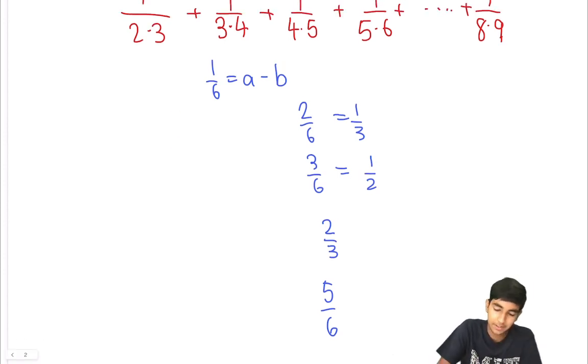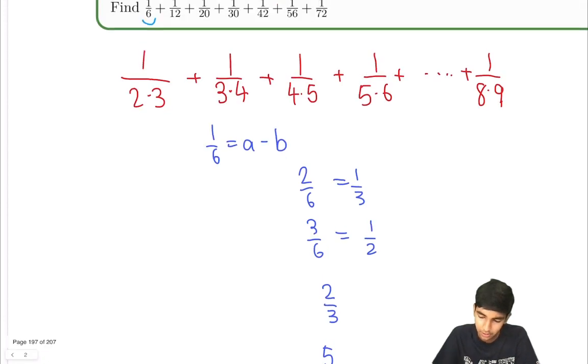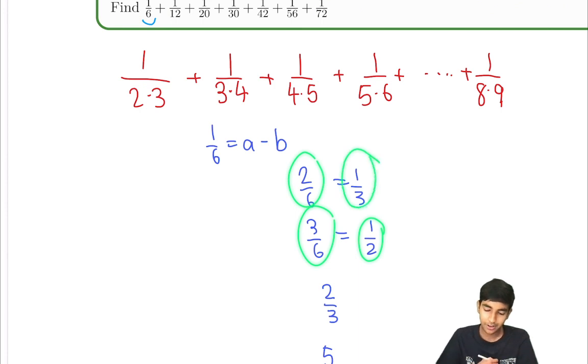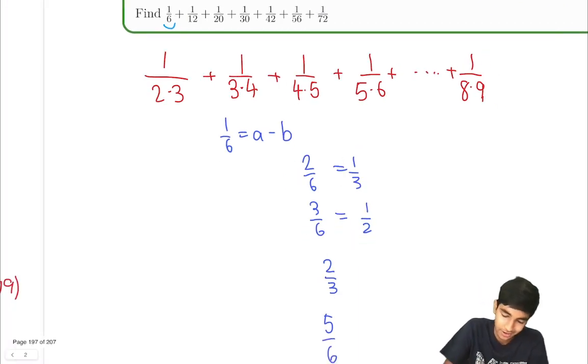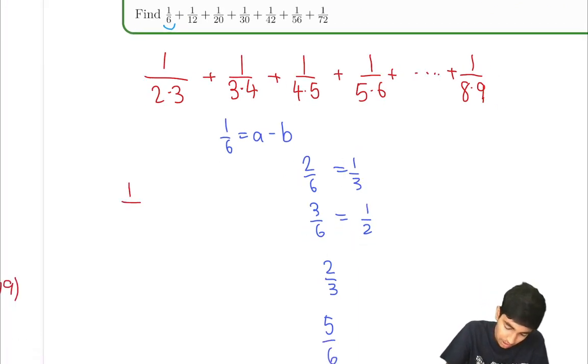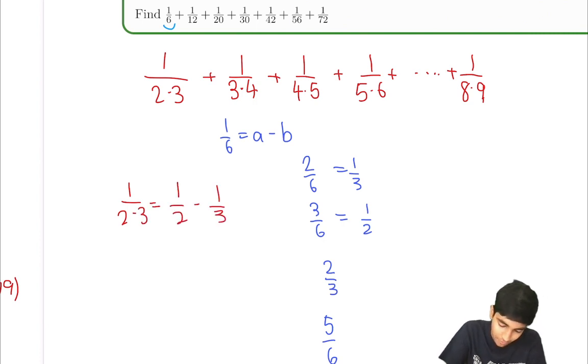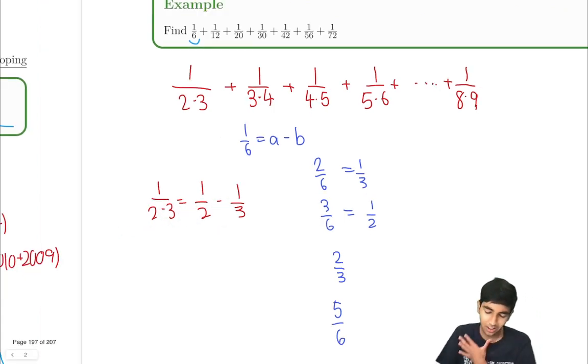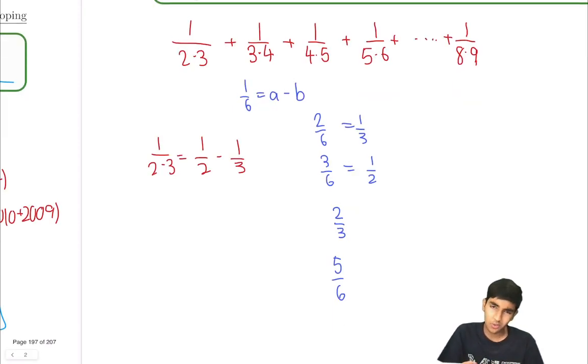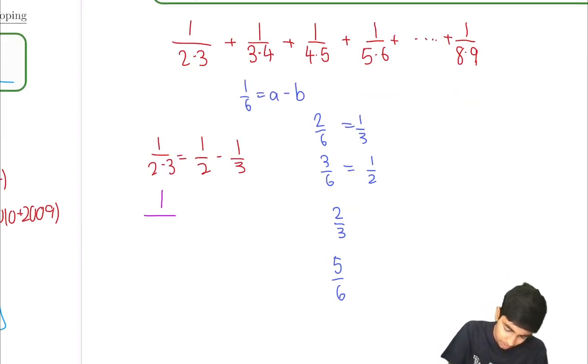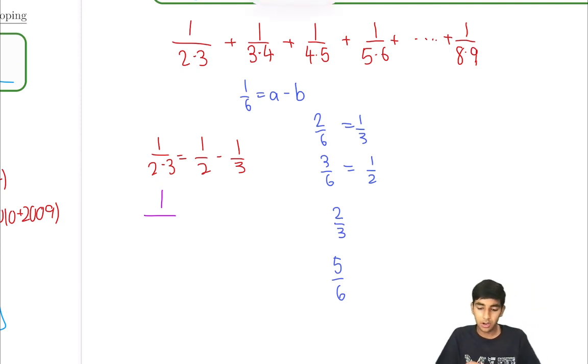Any other possibilities you might see? 3/6, 1/2, 2/6, 1/3. It's also half minus a third. Interesting. 1 over 2 times 3 equals half minus a third. And that makes a lot more sense because we've got a 2 here, a 3 here. Okay, that's intriguing. Anything else? Okay, what about 3 times 4? Can we rewrite it in a similar fashion?